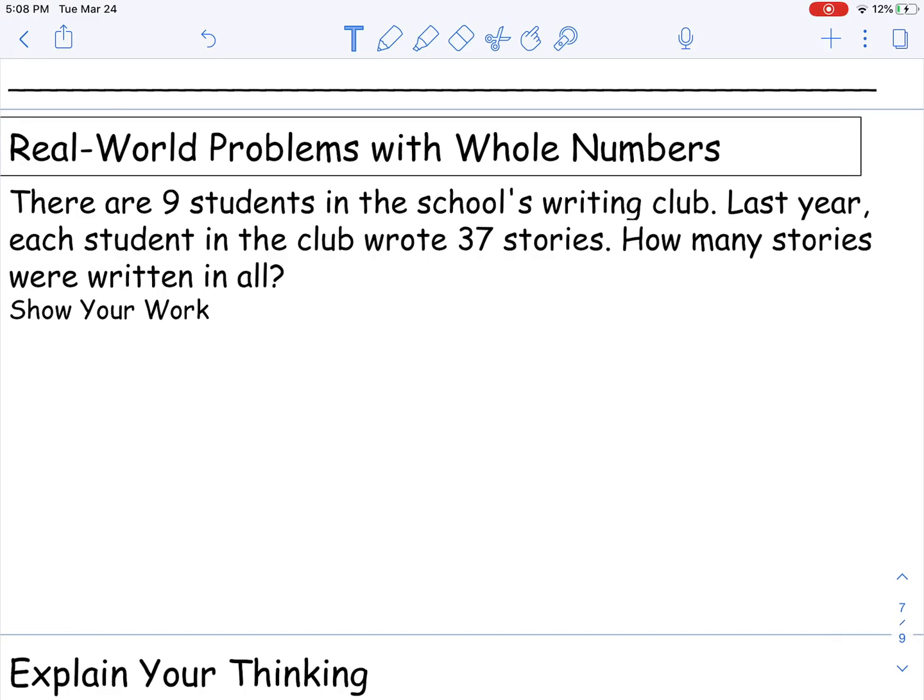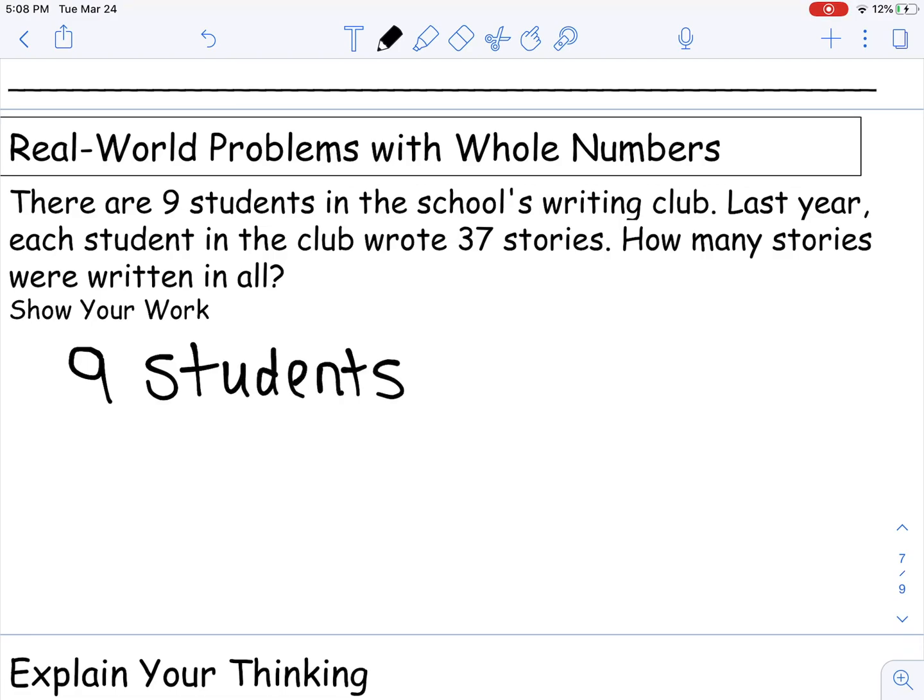There are 9 students in the school's writing club. Last year, each student in the club wrote 37 stories. How many stories were written in all? So, what is this problem about? Writing club. And what do we know about the writing club? Well, we know the writing club has 9 students. And what else do we know about the writing club?